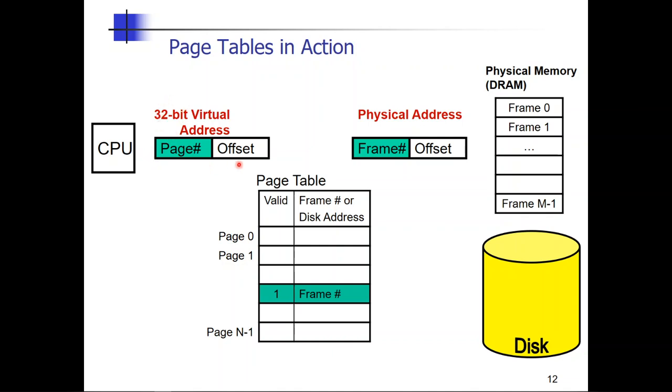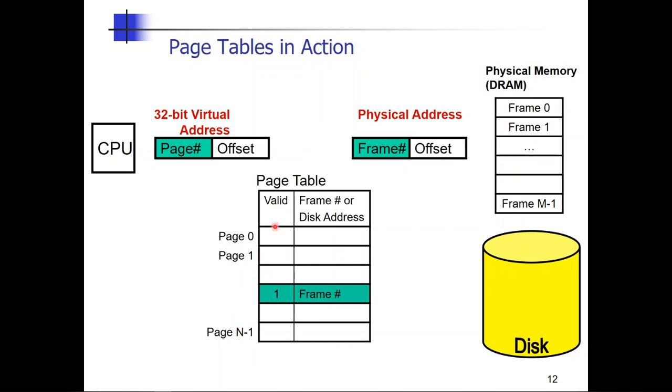We have a 32-bit virtual address which includes a field for page number and a page offset, and we also have a fewer number of bits in the physical address where it has the field for frame number and the page offset. In the page table, we have the page number, that's the index.